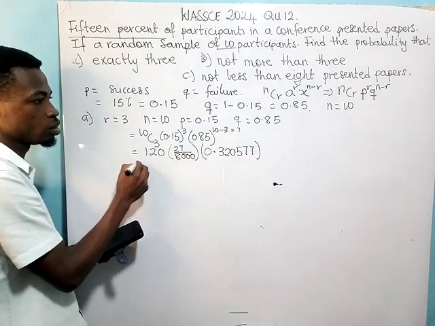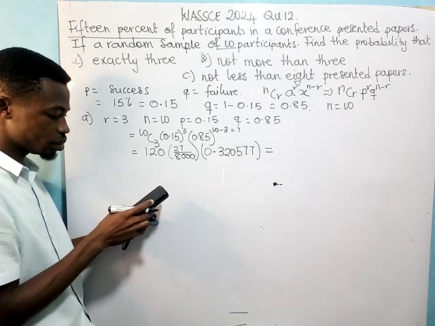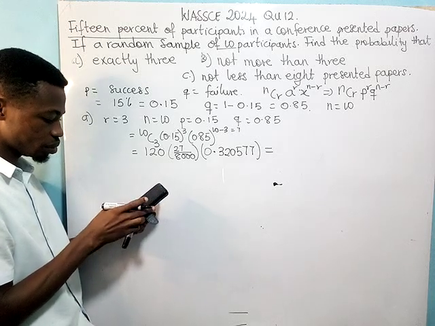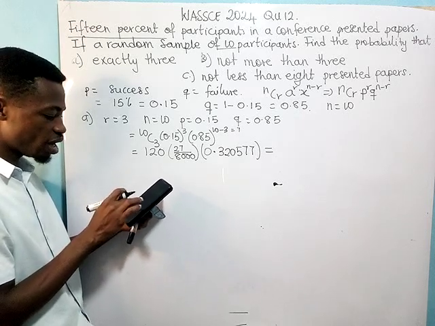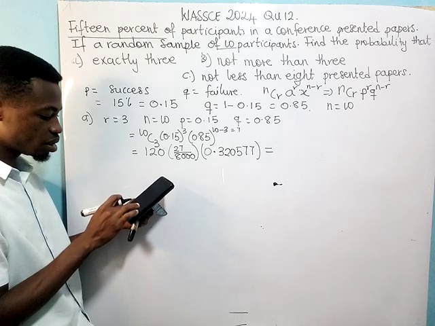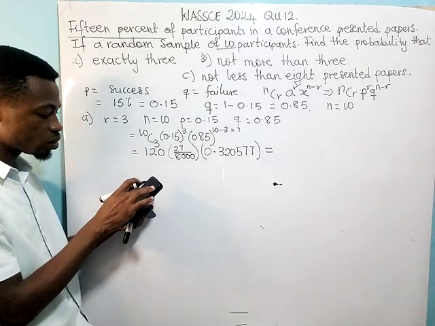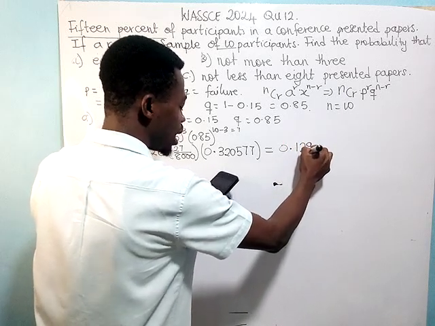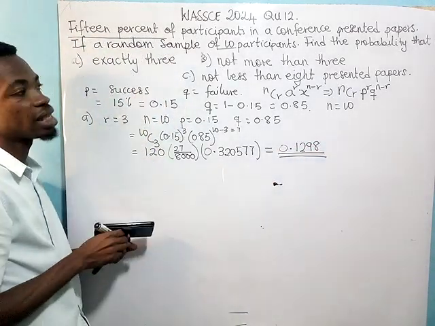Now we multiply: 120 times 27 over 8,000 times this answer, which gives us 0.1298. So this becomes the answer for exactly 3.